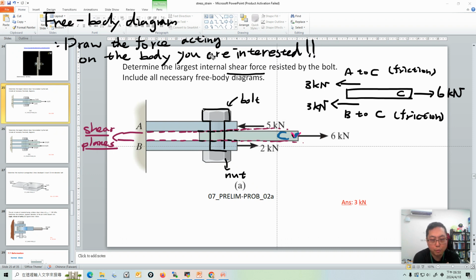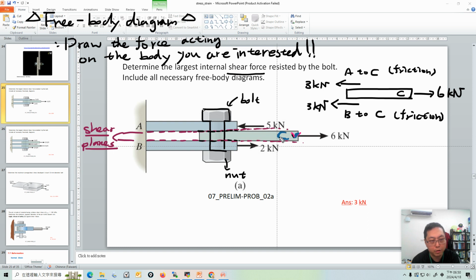This is a very small concept, but sometimes people ignore it. Let me state again: when you draw the free body diagram, you must draw the forces acting on the body you are interested in. Right now we are interested in this C.